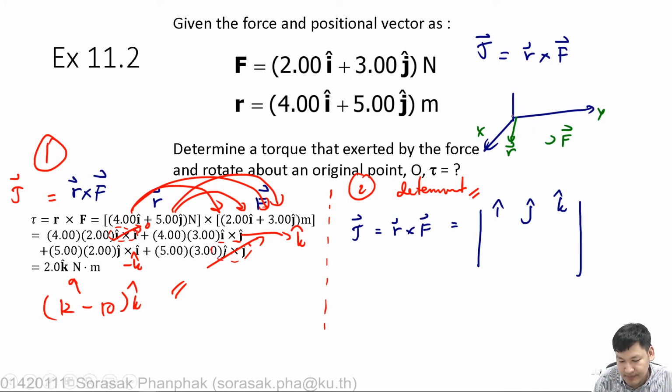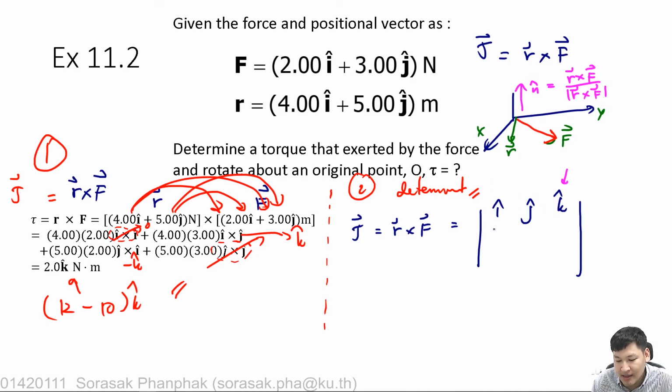So R cross F, you're going to have another vector pointing upward. So this is the n vector, the unit vector of R cross F. To find the unit vector, you have to divide by the magnitude of it, right? That's the reason you have to put all the components in.